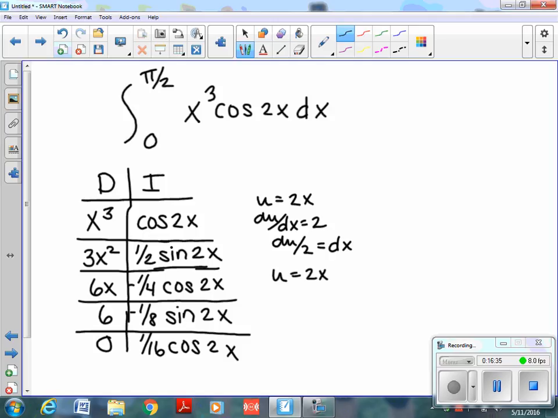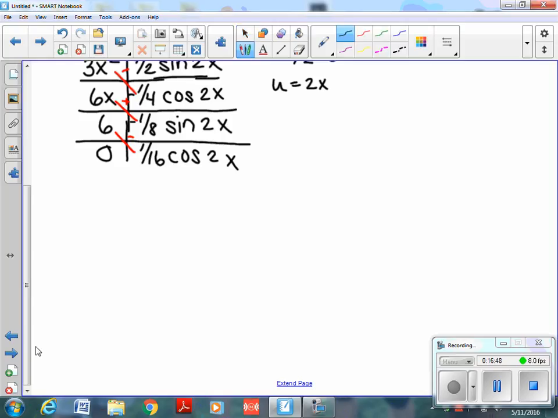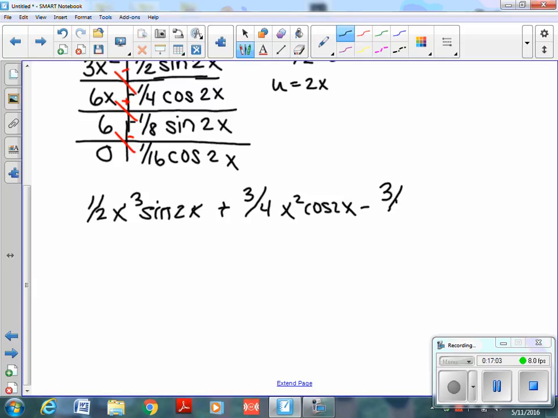You got to do your tic-tac-toe method. This is very hard. This is positive. This is negative. This is positive. This is negative. So, I know this is a very long problem, but this is what it's going to look like. 1/2 x cubed sine of 2x by putting the first lines together, plus 3/4 x squared cosine 2x minus 3/4 x squared cosine 2x.